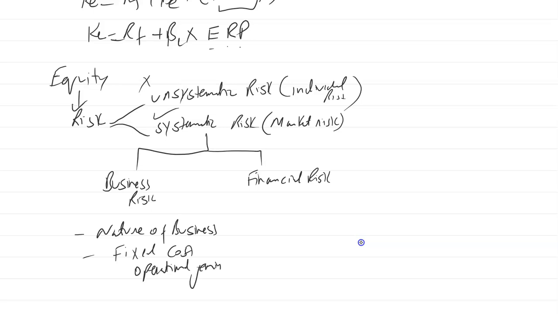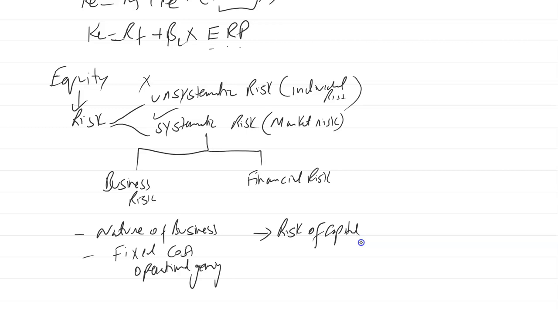The higher the fixed cost in your business, the higher will be your business risk, and the more your business is linked to the economy, the more risky your business will be. Financial risk will be the risk of capital structure.